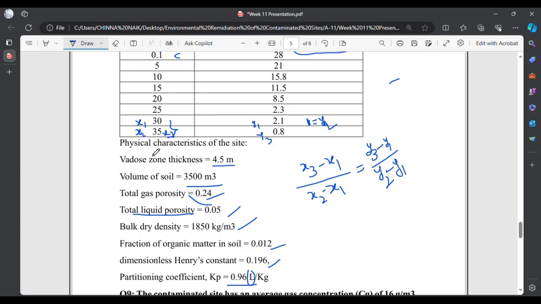What we have to do is find the x2, that is the unknown. Everything else we know: x1, x3, y1, y2, y3. So what is x3 here? 35.